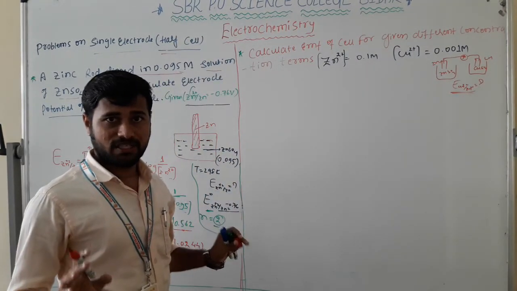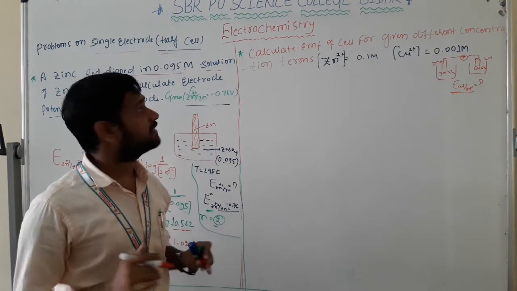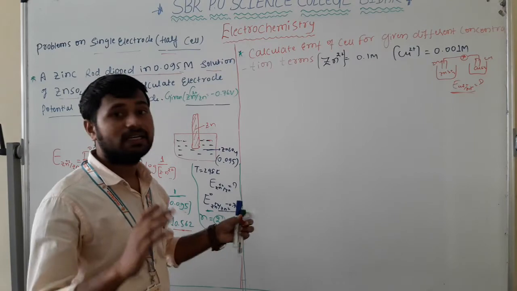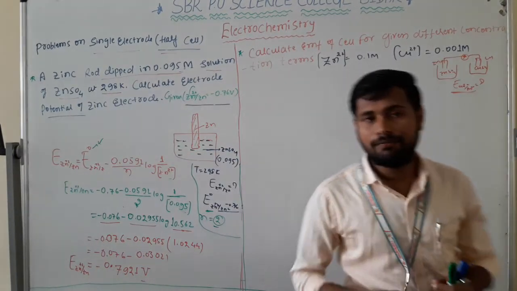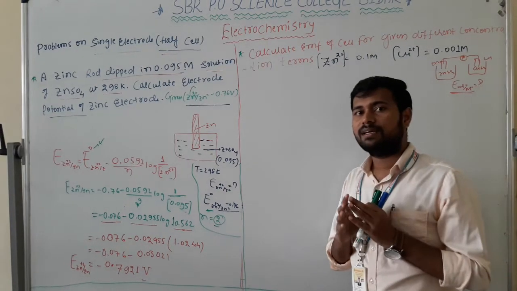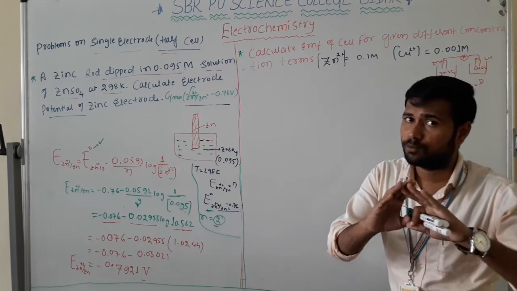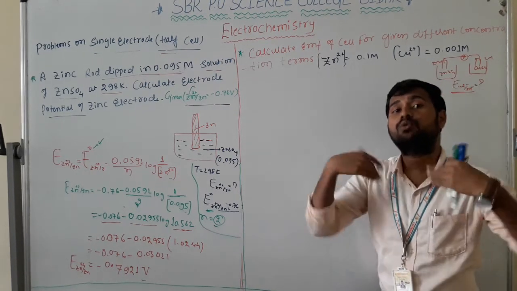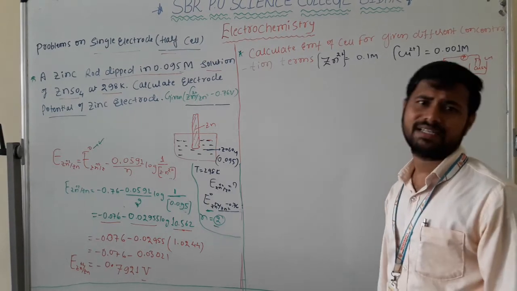Coming to the realistic side, first take the Nernst equation, because whenever the concentration is no longer unit molar, the electrode potential is not standard, and we have to use the Nernst equation. Then what is that Nernst equation, sir?